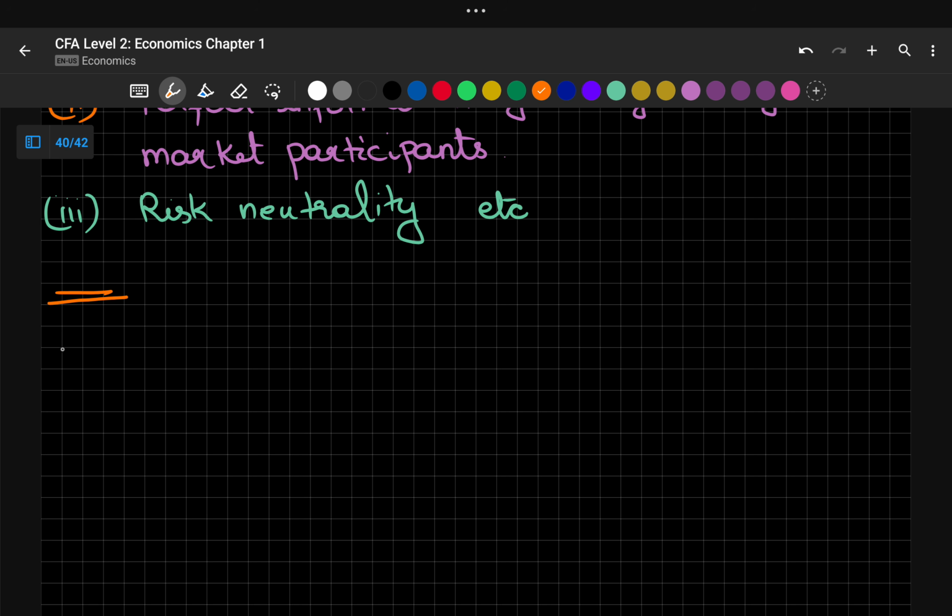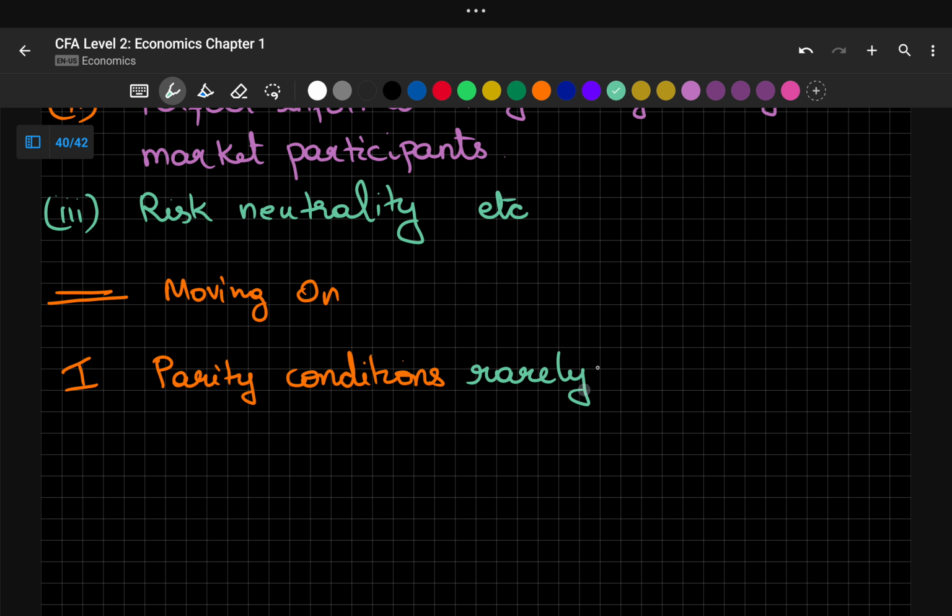So moving on, the first point would be these parity conditions rarely hold in the short term.